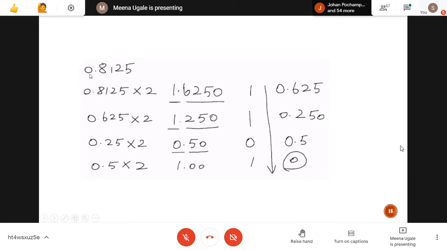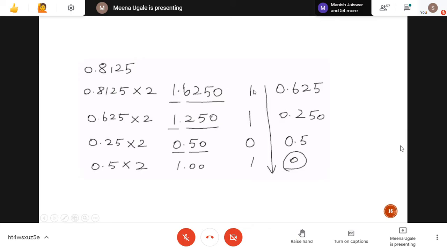I am going for number 0.8125, and for this number I am supposed to convert it into equivalent binary. When there is a decimal number, what I am supposed to do is multiply it by 2. When you multiply, you will get some integer point something. This integer you will note down at the side.